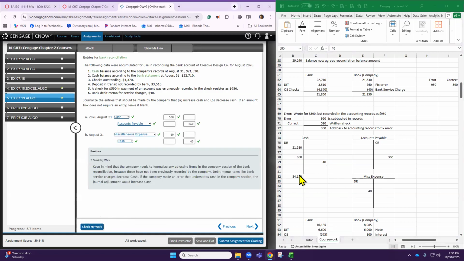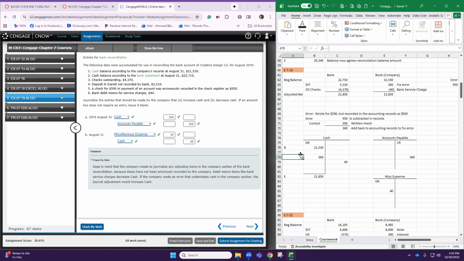So now we have a new balance of, okay, so let's go ahead and calculate, equals the beginning balance plus correction, the fix of the error that we did, and minus the $40 miscellaneous or $40 bank fee. So our new balance is $21,850. Is that what we show here?